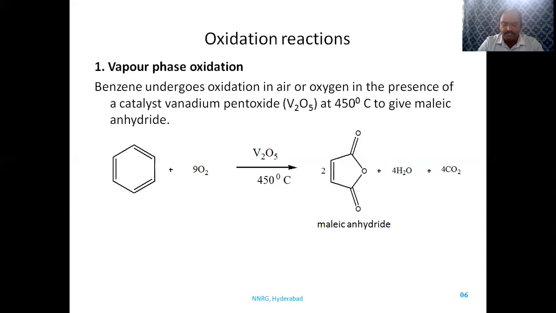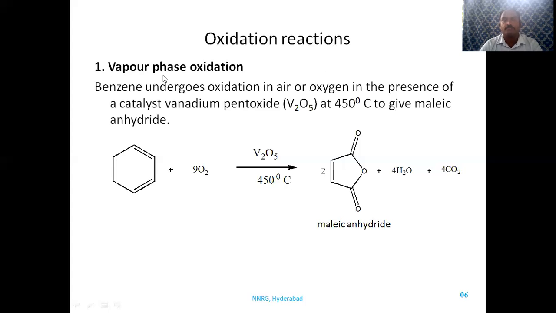We have seen addition reactions and oxidation reactions: addition of hydrogen to give rise to cyclohexane, addition of halogens to give BHC, that is gammexane, and the oxidation reactions. Benzene undergoes oxidation with ozone to give glyoxal.